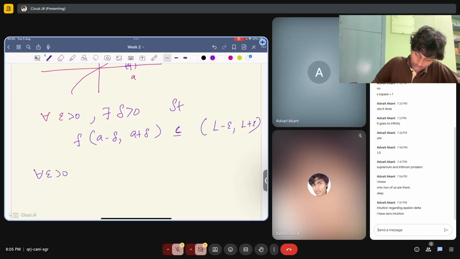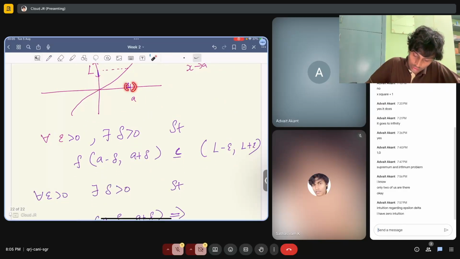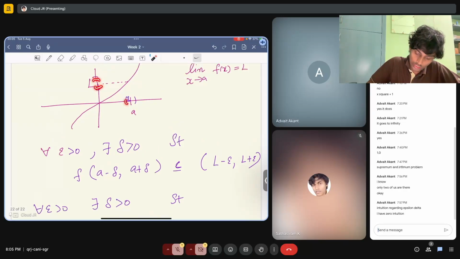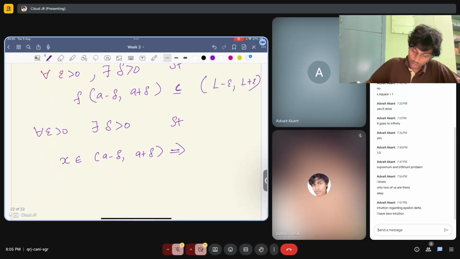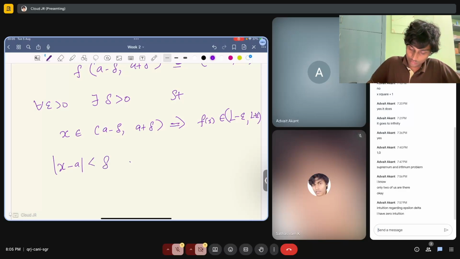For all epsilon greater than 0, there exists a delta greater than 0, such that if x belongs to (A minus delta, A plus delta), my image of this has to belong to this, right? So whenever x belongs to this, f of x belongs to (L minus epsilon, L plus epsilon). And if you rewrite it again, you will get |x minus a| less than delta implies |f of x minus L| less than epsilon.